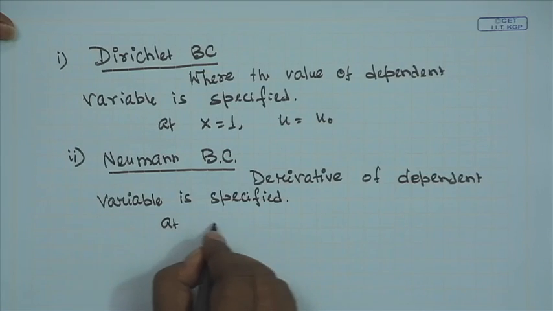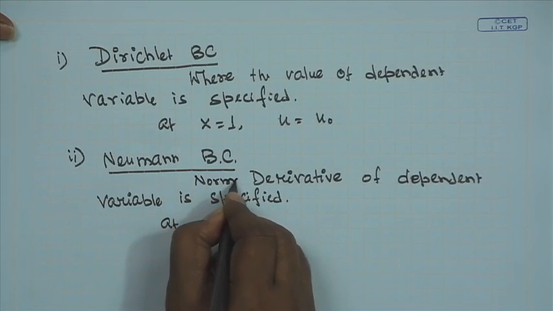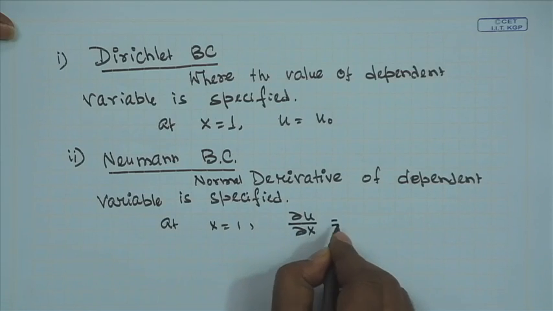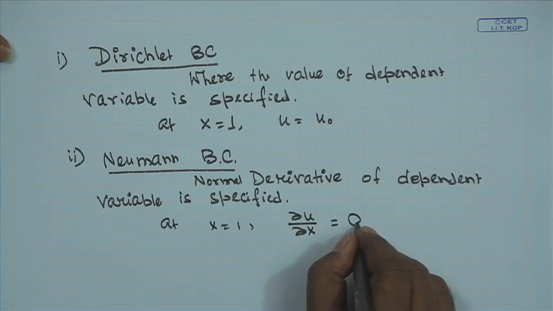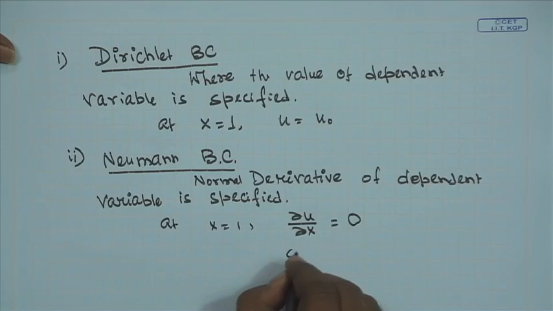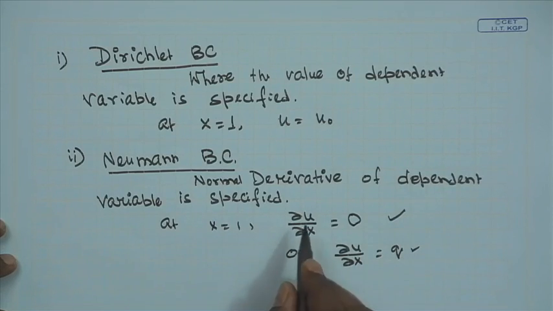For example, it is typically the normal derivative. At x is equal to 1, del u del x is equal to 0, or del u del x is equal to q. So, either it is 0 or q. So, the value of the normal derivative of the dependent variable is specified at that boundary. So, this is known as the Neumann boundary condition.